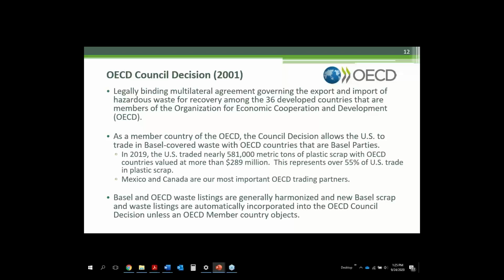One of the ways it was harmonized was the waste lists. Leah had talked about three different waste lists in Basel, Annex 2, Annex 8, and Annex 9. OECD has two lists, amber and green, hazardous and non-hazardous. Basically the OECD countries agreed in 2001 that any changes to the Basel waste listings would be automatically incorporated into the OECD waste listings unless a country objected.